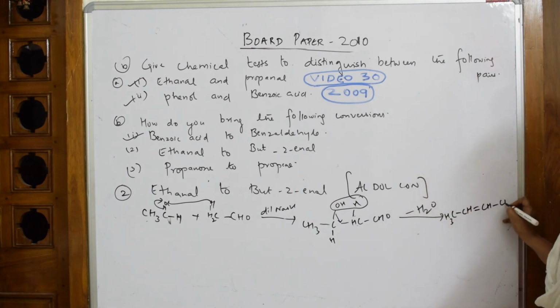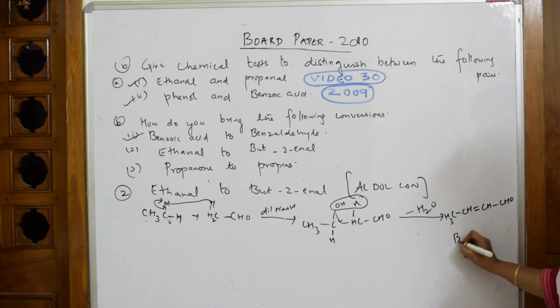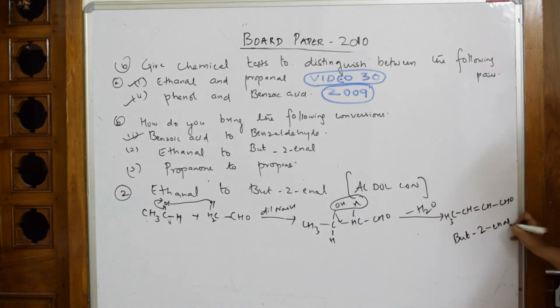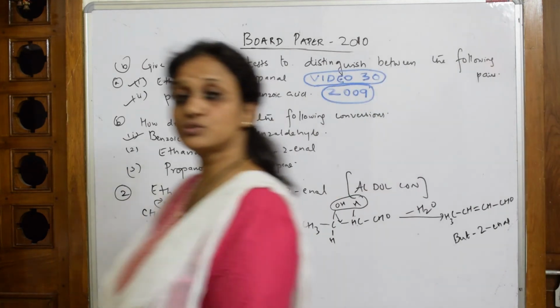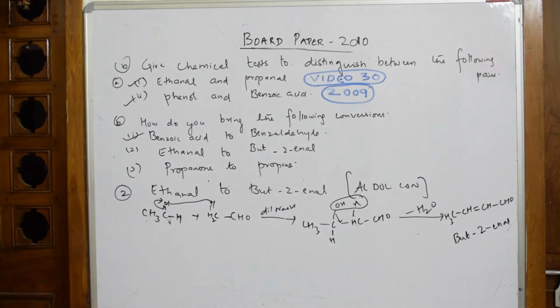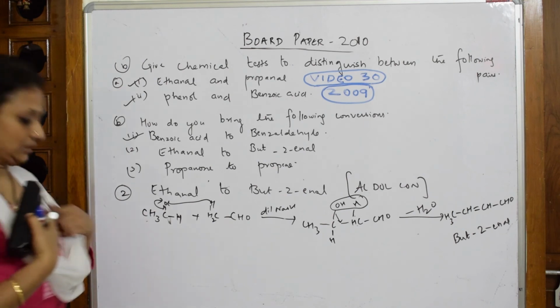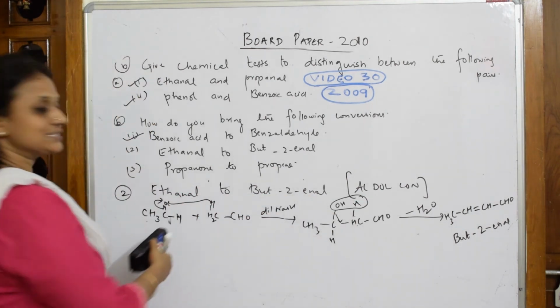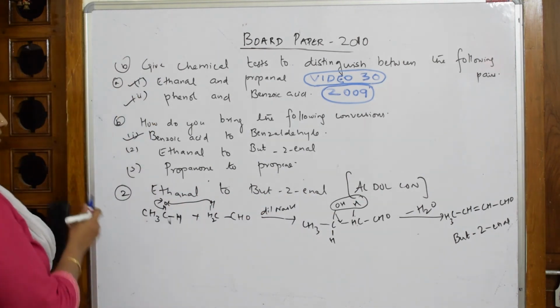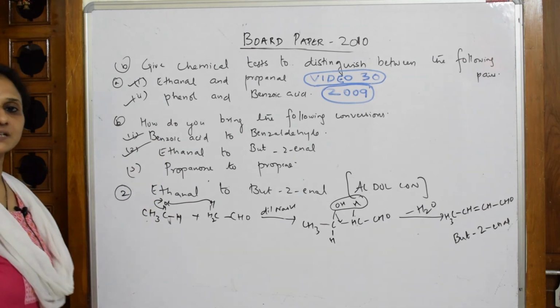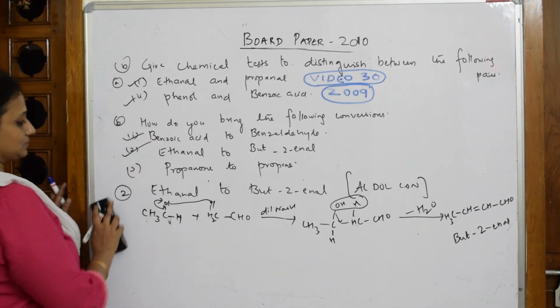Which alkene? 1, 2, 3, 4: but-2-enol. I've got the product required, isn't it? Simple. I've done the aldol condensation method and shown the formation of but-2-enol from acetaldehyde. Your conversion is done. Second also is done. Let us do the third one.